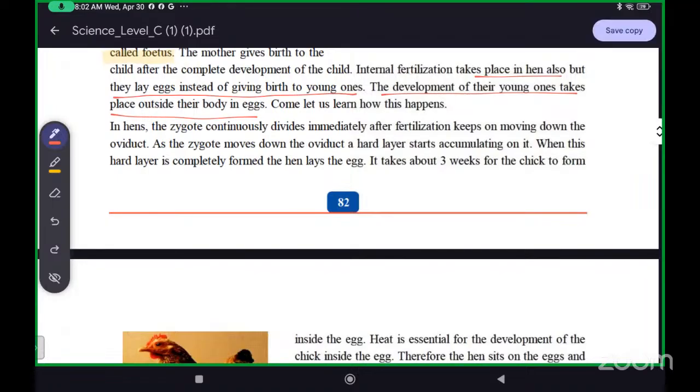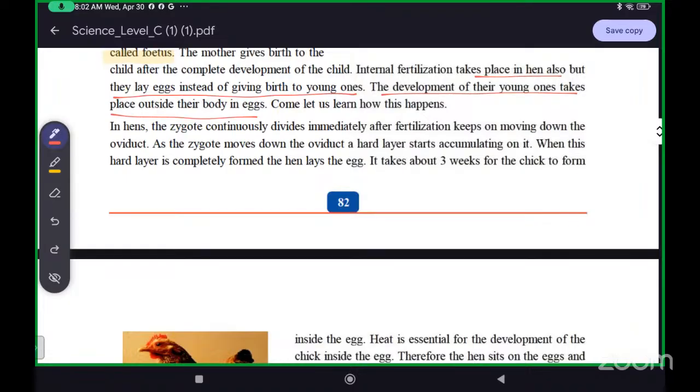The male and female hen join together and then the transfer takes place. That is the same thing. But what is different in hens is that they do not directly give birth to a baby, but they lay eggs. Then the chick develops inside the egg and hatches out of it. That is the major difference.